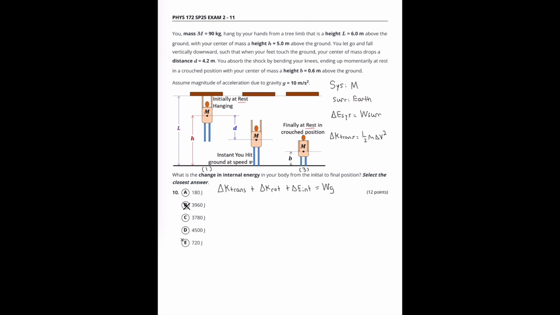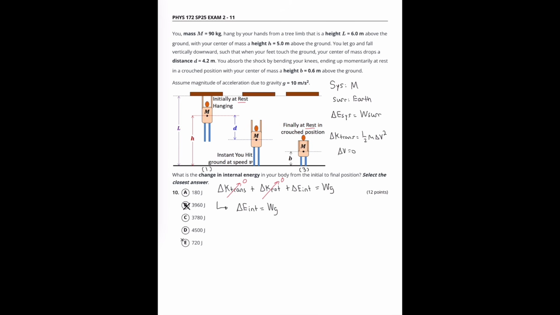That means the change of velocity is equal to 0. Therefore, our translational kinetic energy will cancel to be 0. And we also have no rotating components in this case, so that can also be crossed out to be 0. From that, we can say that the change in internal energy is equal to the work done by gravity.